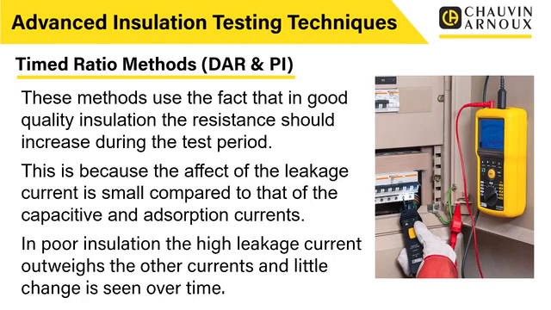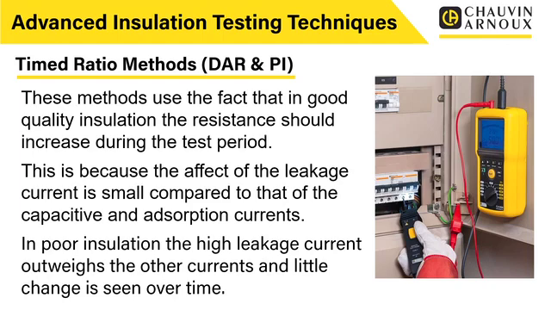These tests rely on the fact, as we talked about, that insulation resistance changes over time because of the charging and, as we'll look at later on, discharging rate of the change in current. So these methods use the fact that in good quality insulation, the resistance should increase during the test period.